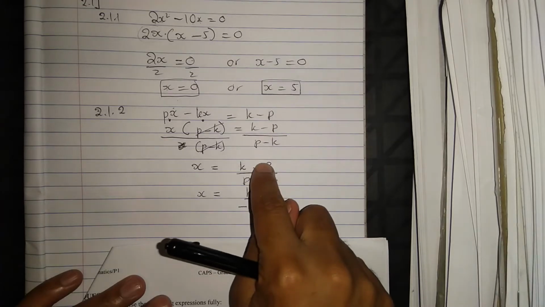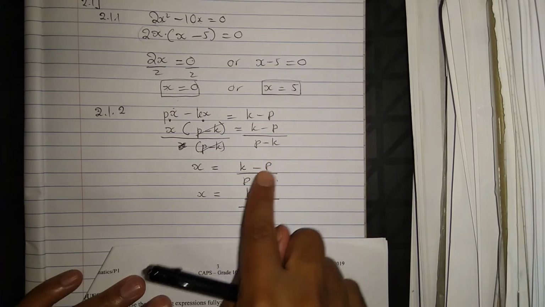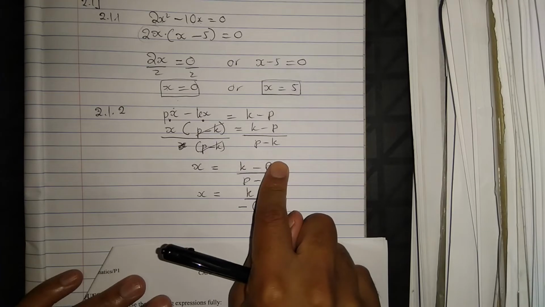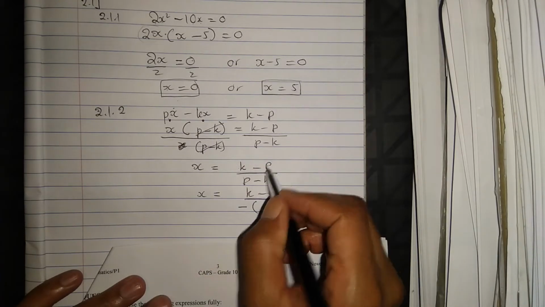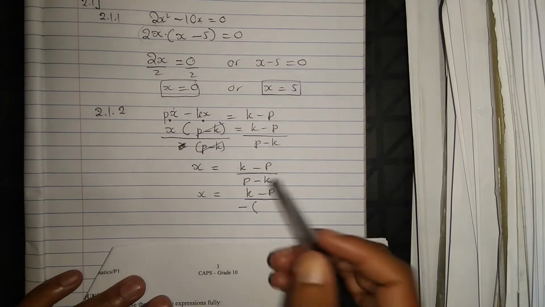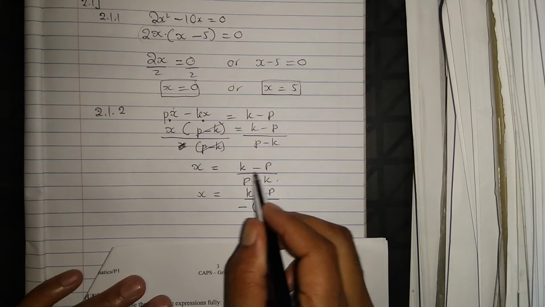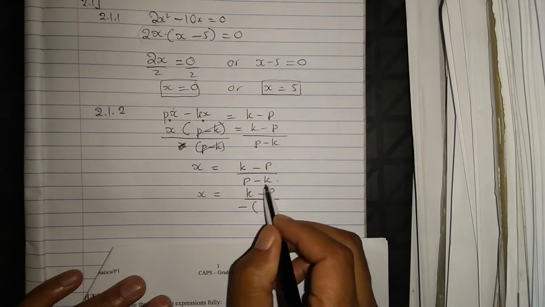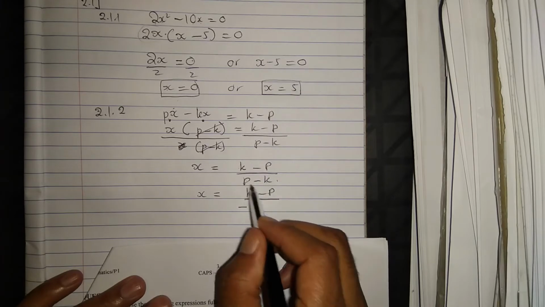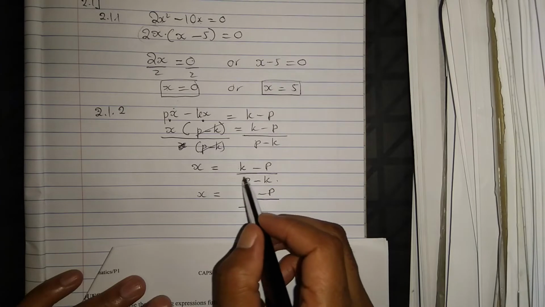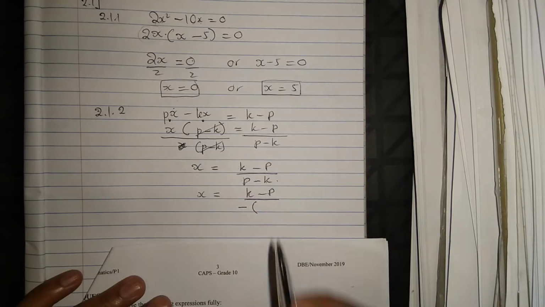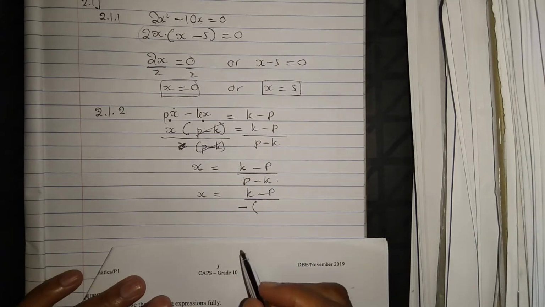If I'm using the numerator, it means I want p to move from here to there, and k to come here, while their signs change. On the denominator I want k to come here so that when it arrives here it is positive, as the k in the numerator, and the p when it comes here is negative, as the p on the numerator.